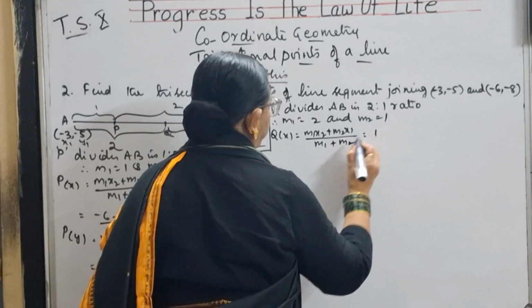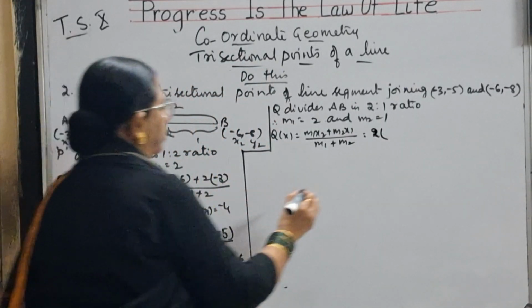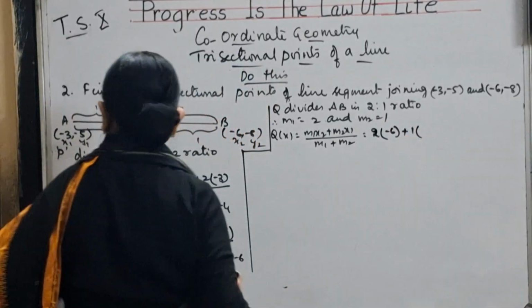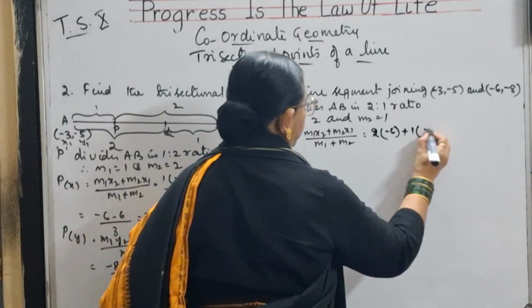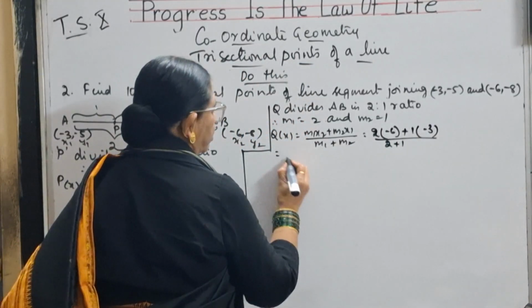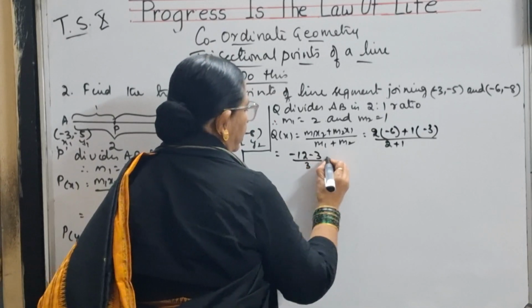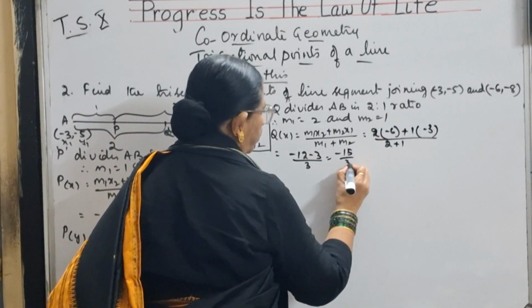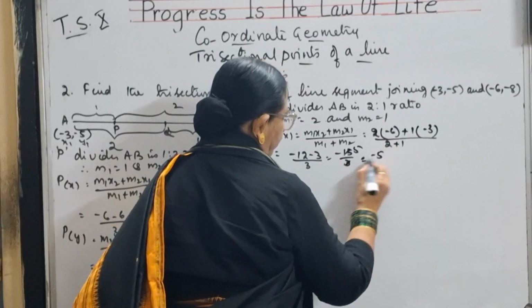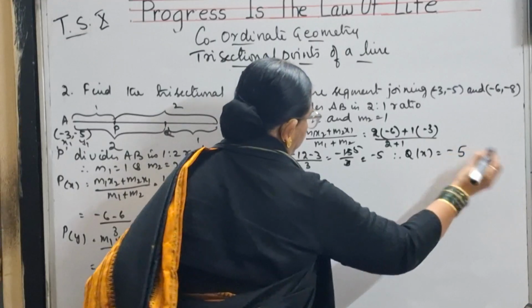That is equal to m1 is 2 into x2, x2 is -6, plus m2 is 1 into x1, which is -3, by 2 plus 1. That is equal to (-12 - 3) by 3, that is -15 by 3, which is equal to -5. Therefore, Q of x is equal to -5.